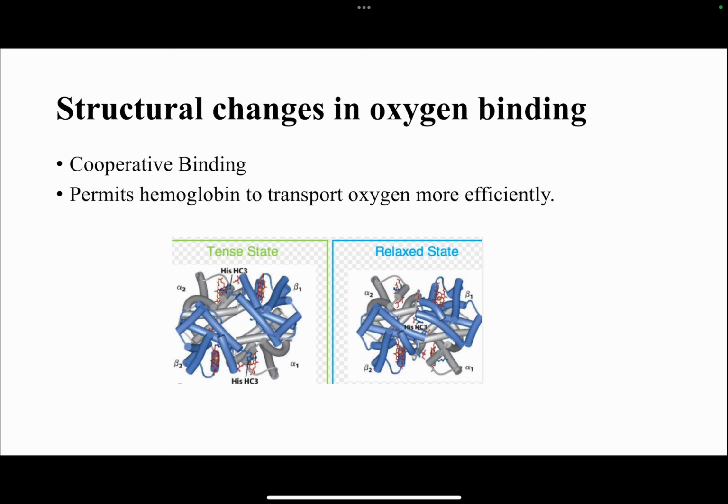This conformational change transitions hemoglobin from the low affinity tense state, which is also called the T state, to the high affinity R state, which is the relaxed state, which makes it easier for additional oxygen molecules to bind.